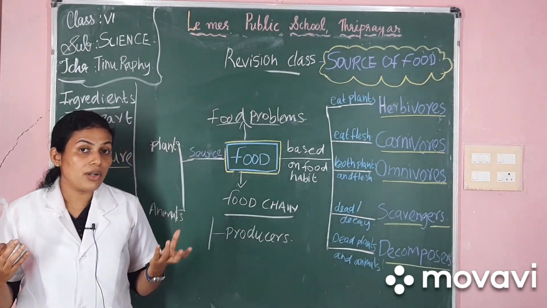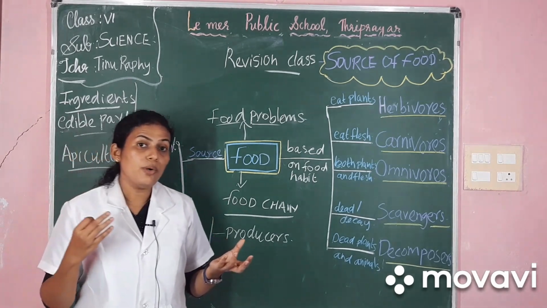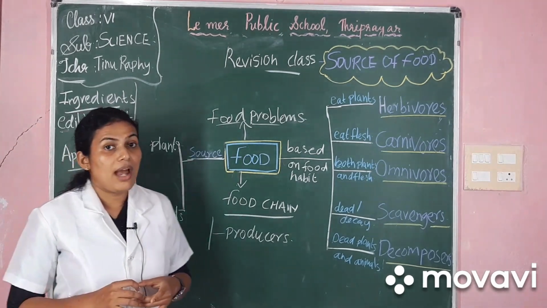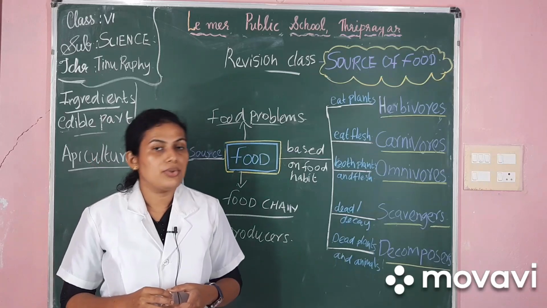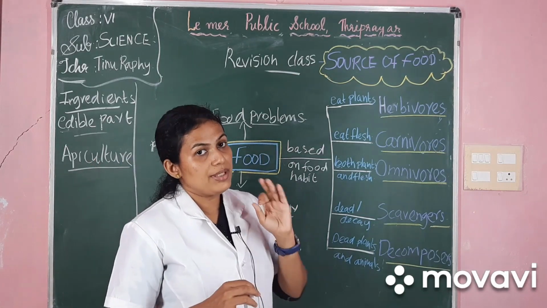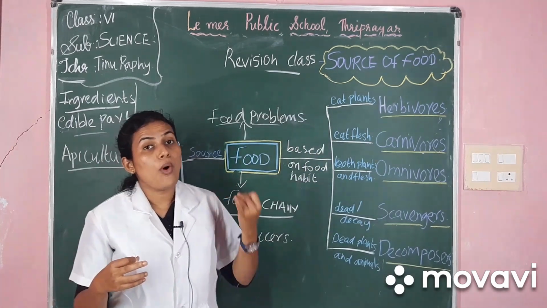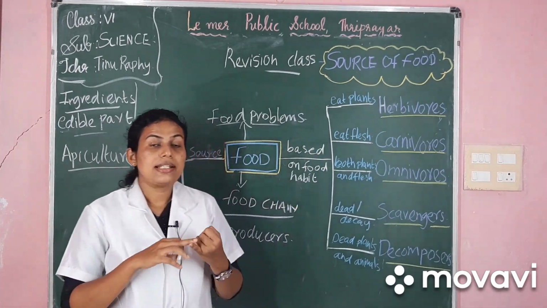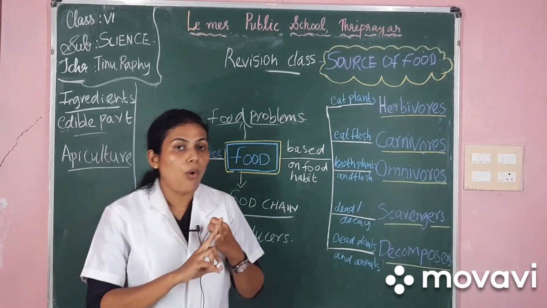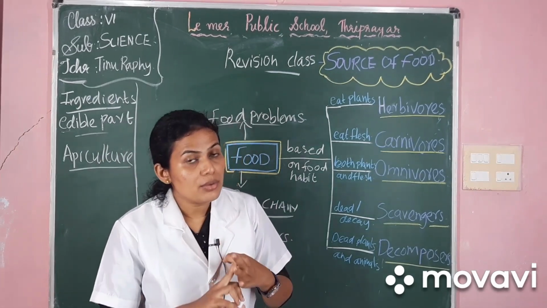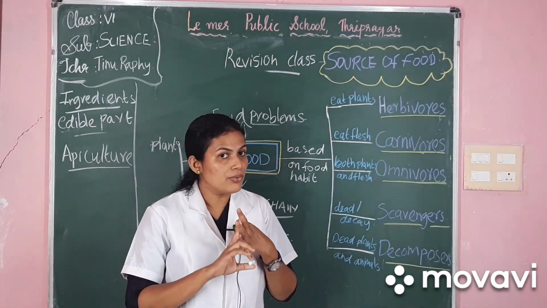That is, the people are not able to buy the food due to poverty. Now we have also discussed solutions for the food problems. We discussed three solutions. First one is we should grow more food crops. Second one is avoid overeating. And third one is proper storage of the food grains.